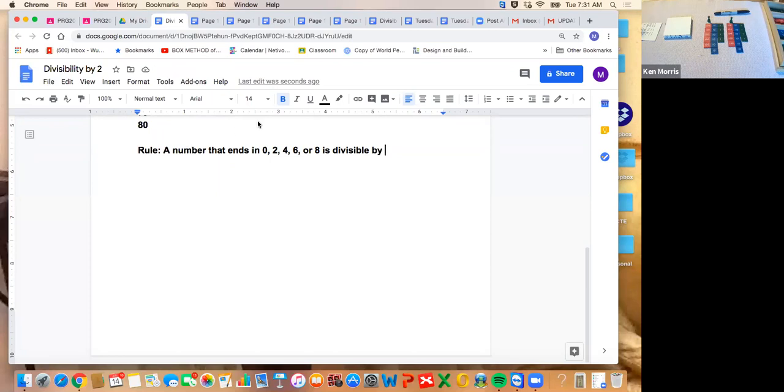I don't know why it's not letting me write any further. Divisible by 2. Come on. There we go. All right. So there is your rule.